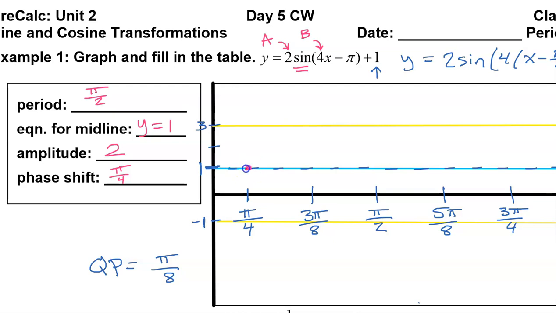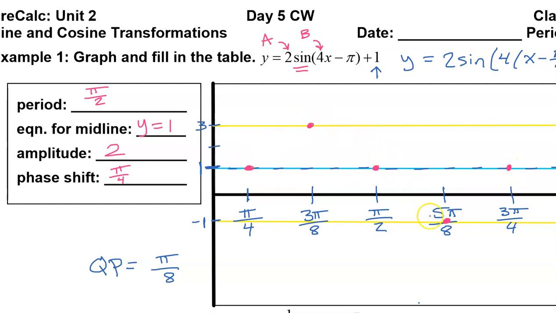So I'm going to put my first dot on the midline at the phase shift, and then the sine function rises to its highest point after a quarter of a period, and then it falls back to the midline a quarter period later, and then it falls to its lowest point a quarter period later, and then at the end of its period, it goes back to the midline.